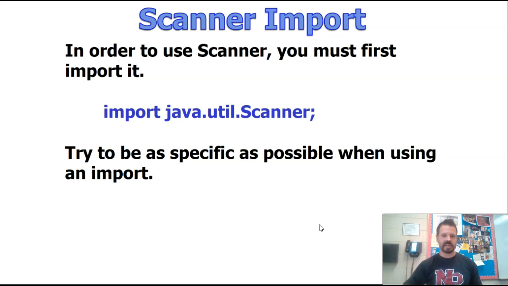So with that said, to use a scanner, the first thing you need to do is import it. Basically, the basic Java language package doesn't have a lot of stuff going on with it. If you want to use any of the more complicated things, such as a scanner to get input, you actually have to import that from your development environment into your project so you can actually use it.